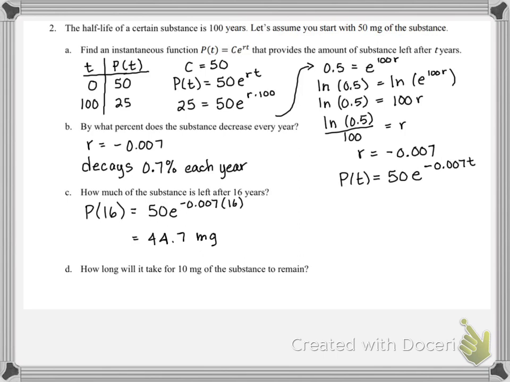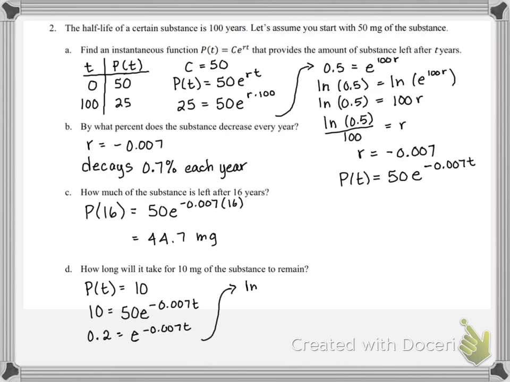And then here we want our output to be equal to 10, so we set 10 equal to 50 e to the negative 0.007t, and then take the natural log of both sides. Whoa, no. I'm getting ahead of myself, I apologize. We have to divide first. There we go.